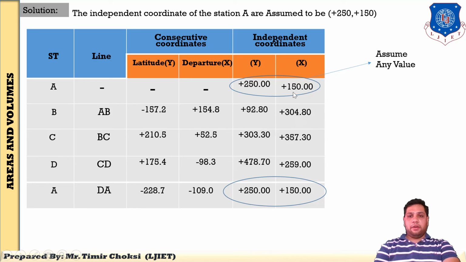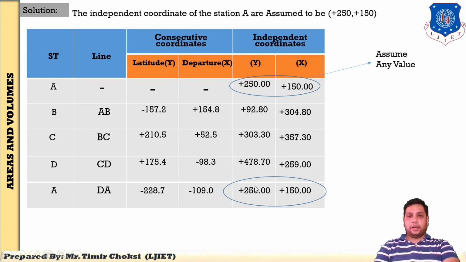So now I find the independent coordinates of x. Here I have assumed the origin is 150, and the first value of x is 154.8. So the answer is 304.80, plus 52.5 gives 357.30, minus 98.3 gives 259.00, and last 259 minus 109, so the answer will be 150.